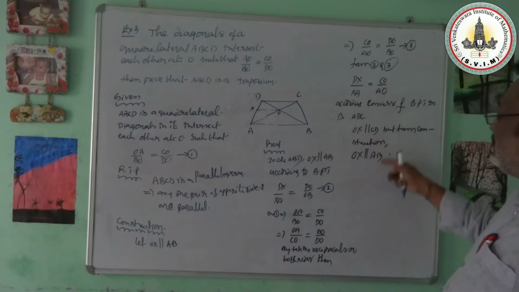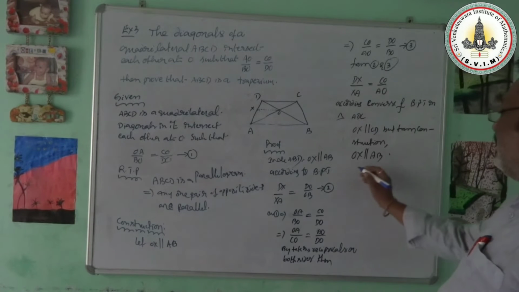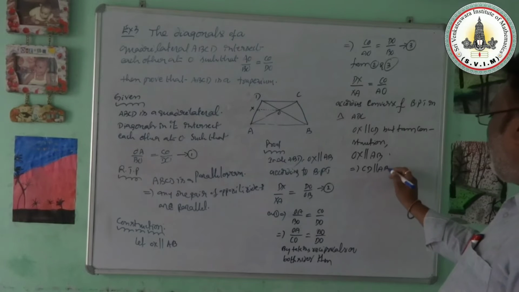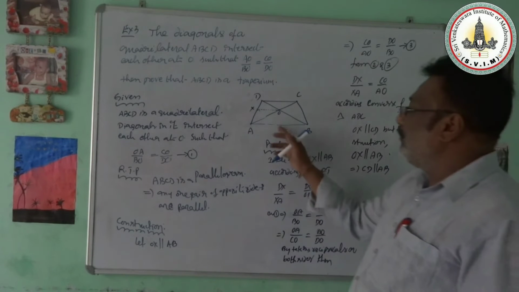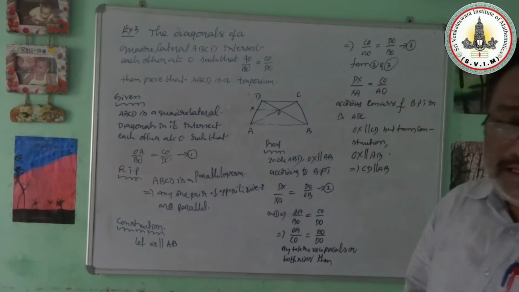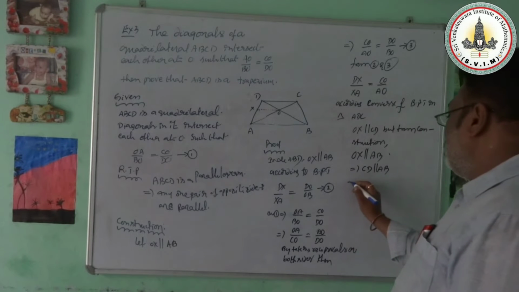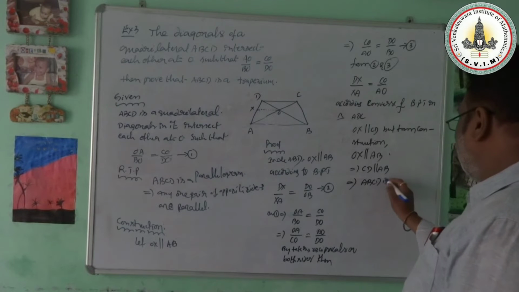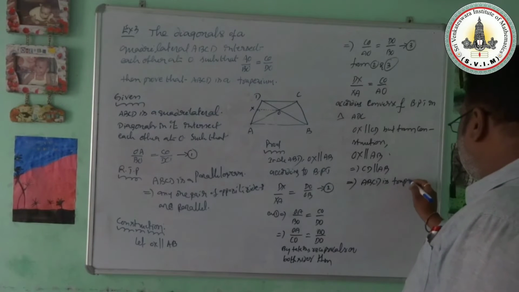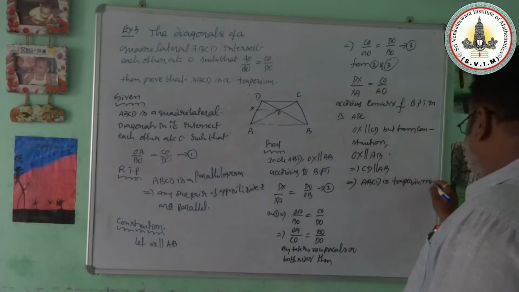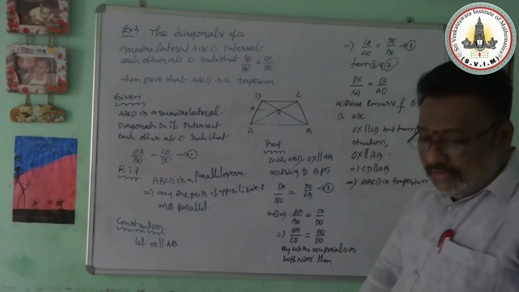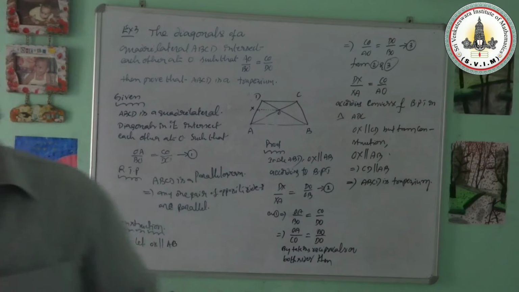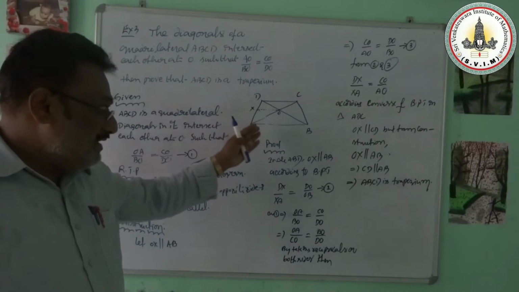Automatically, those two sides are also parallel to each other. So simply you can write CD is parallel to AB. In a quadrilateral, if one pair of opposite sides are parallel, then that is a trapezium. So that implies ABCD is a trapezium. That's all.